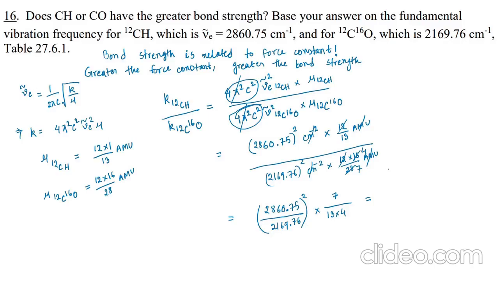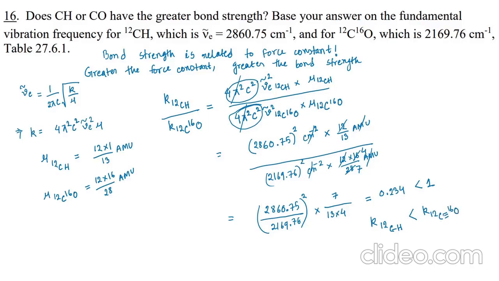It is actually coming as 0.234, which is less than 1, right? So the force constant K of 12CH is less than that of 12C16O.